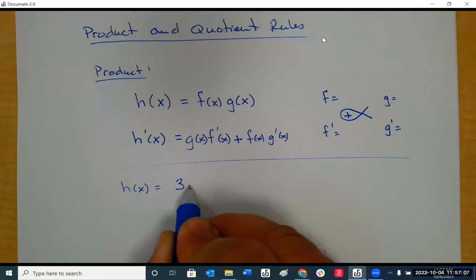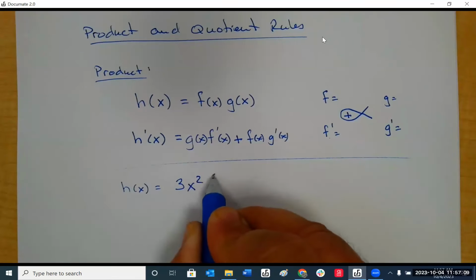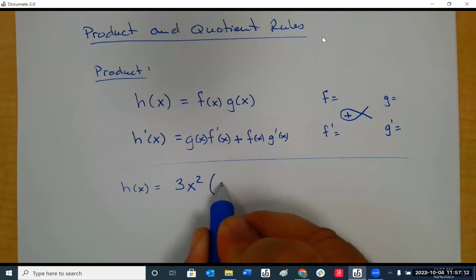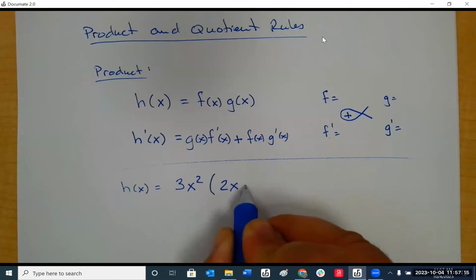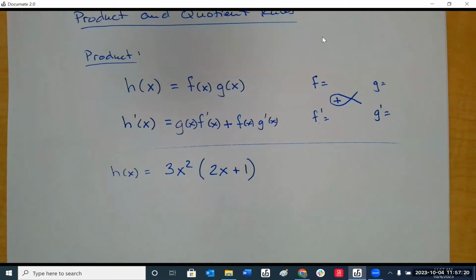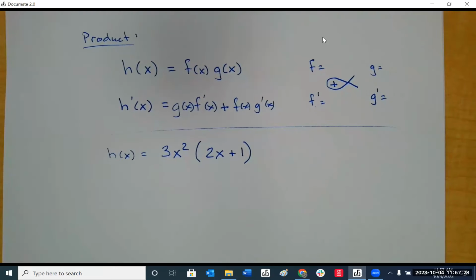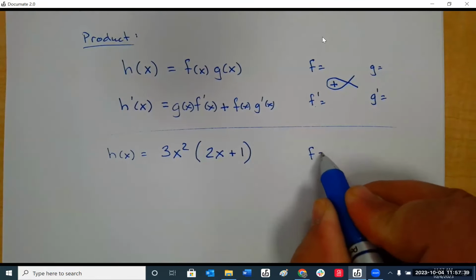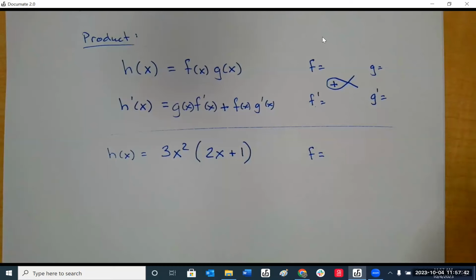Ooh, I'm going to try one here. We're going to do this in two ways, and we should get the same answer. So what is our f of x? What functions are f of x?